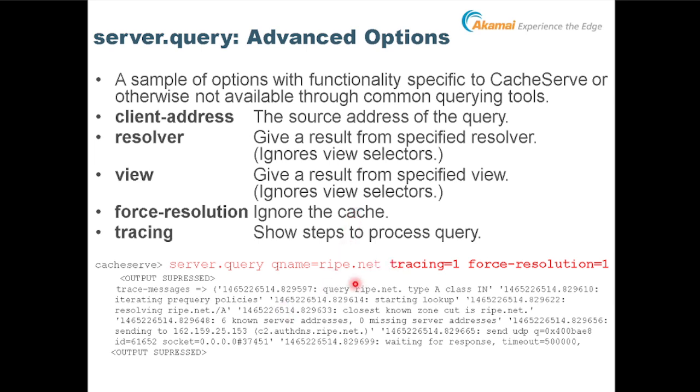Tracing is very cool for learning what CacheServe is doing, and we'll have some examples tomorrow when we come in. I'll do an example of how we can use the trace information, which is basically a step-by-step picture of exactly what CacheServe does when it makes a resolution through an authoritative server.